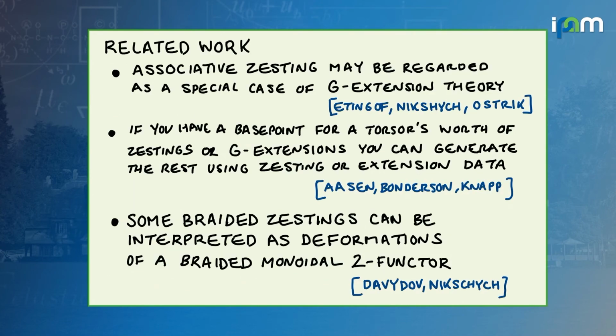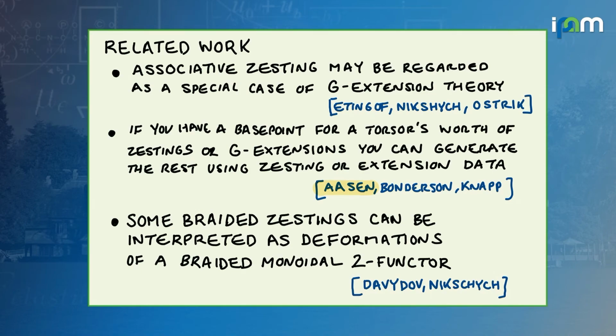And this is very closely related to a lot of existing constructions. It's closely related to G extension theory. It's closely related to work that Dave has done, and you can ask him more about this. It's maybe a more skeletal way to think about zesting and extension theory in this very data-driven way.